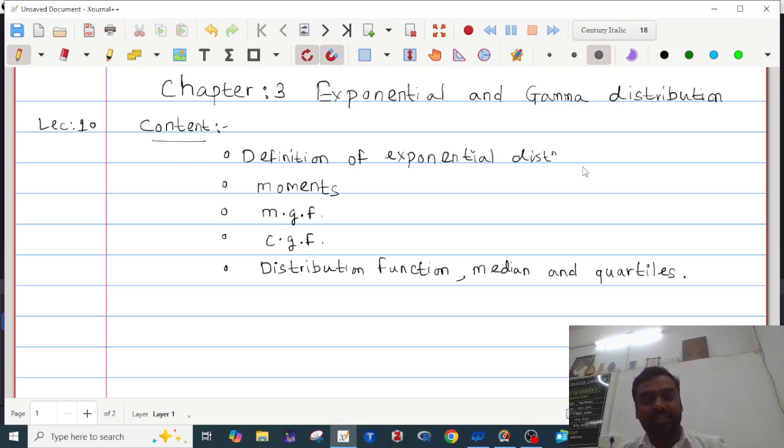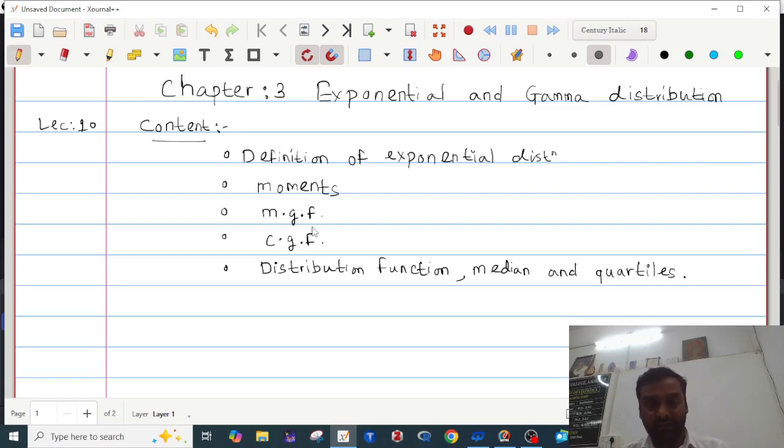The content of today's lecture is that we will discuss the definition of the exponential distribution. We will find the moments, and on the basis of that, the raw moments. We will derive the expression for the MGF, and with that expression find the raw moments.